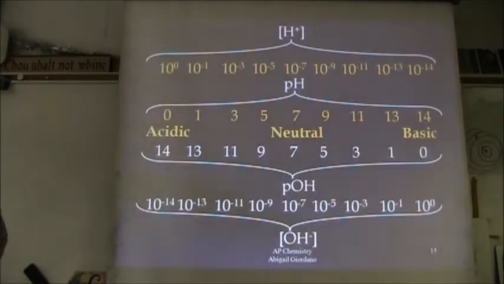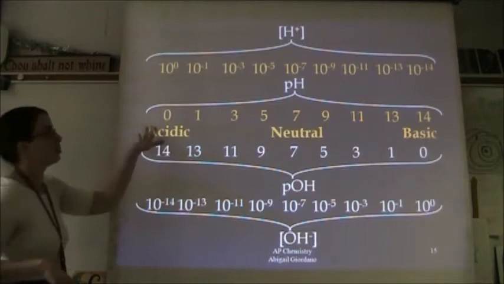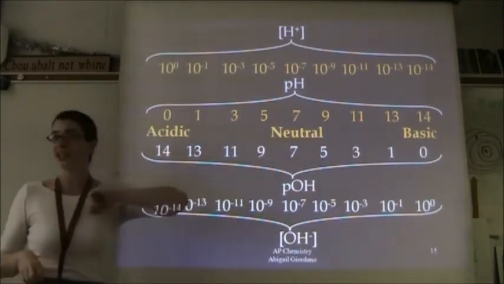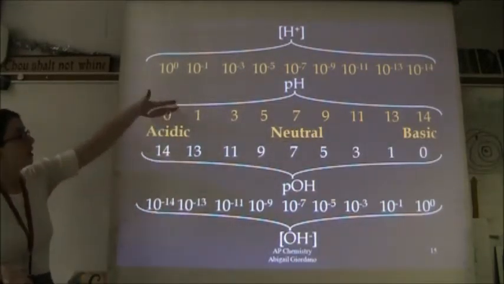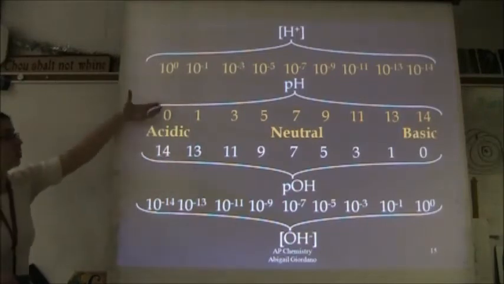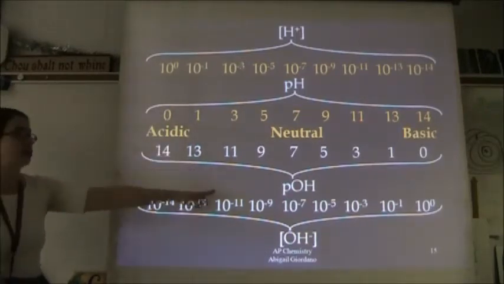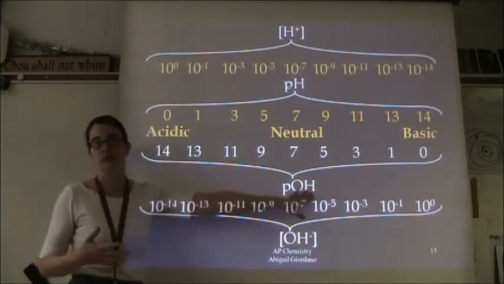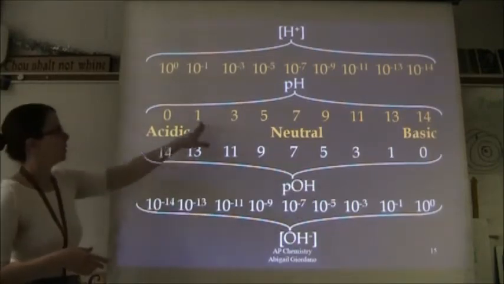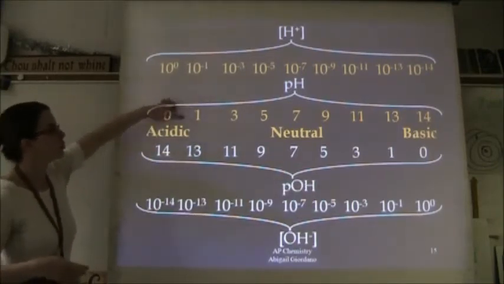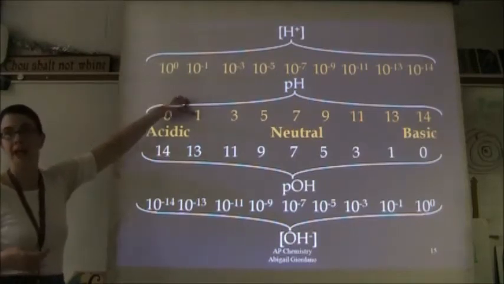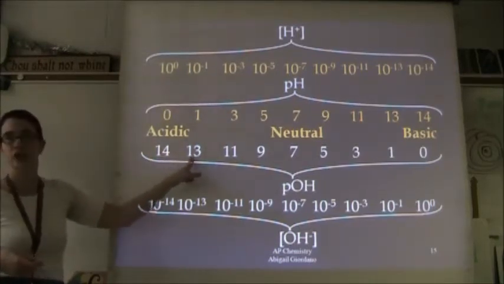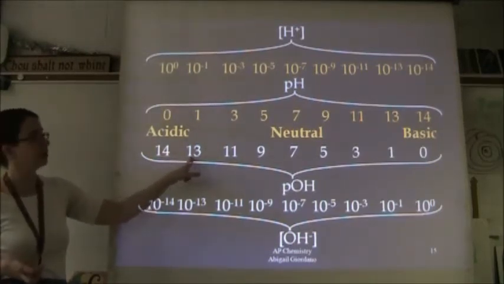Okay, so, as we said, our pH scale goes from 0 to 14. In case you didn't learn this in Chem 1, your pOH scale, guys, is a mirror image, sort of. So a solution that has a pH of 1 has a pOH of 13.